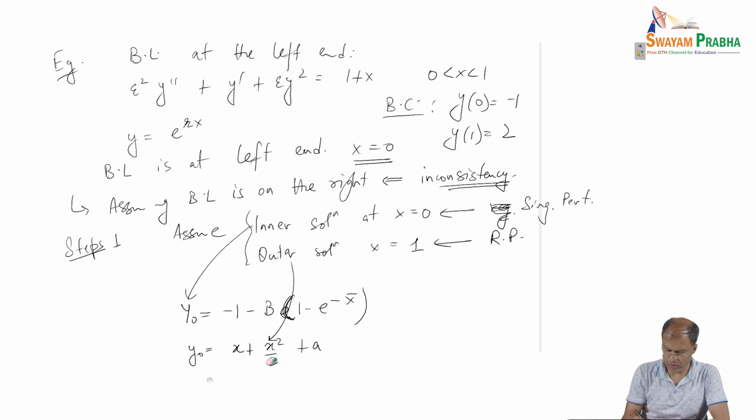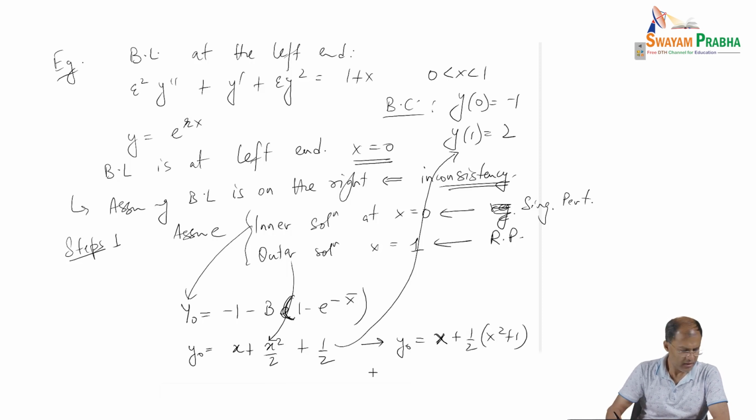From the boundary condition at x equal to 1, a comes out to be half, and we see that here y naught is x plus half x square plus 1.